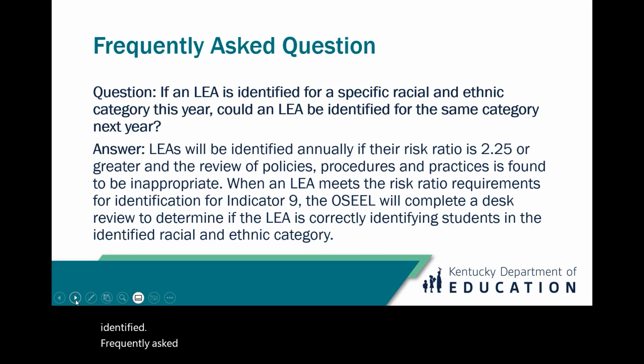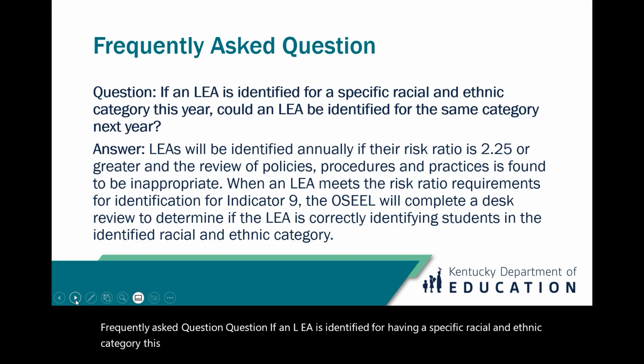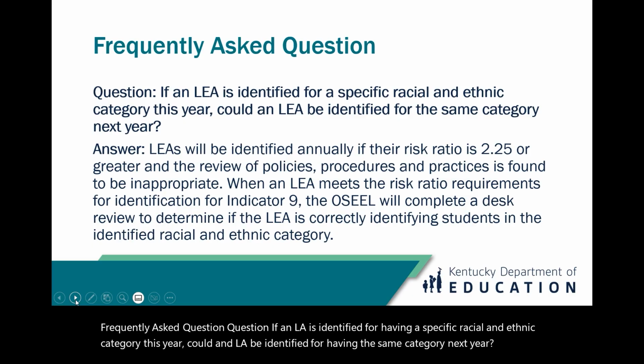Frequently asked question. Question. If an LEA is identified for having a specific racial and ethnic category this year, could an LEA be identified for having the same category next year? Answer.